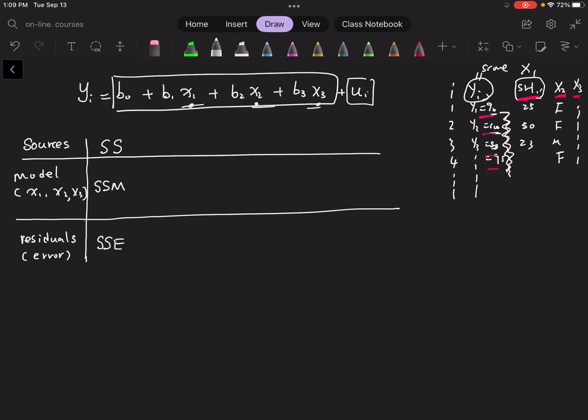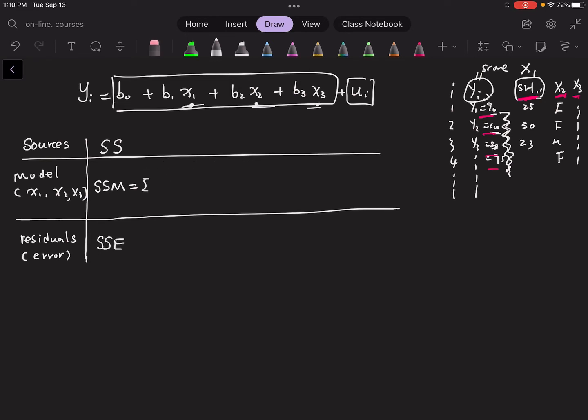So sum of squares model is the variation in y explained by the model. That's the sum of squared differences between the predicted value of y using the model and the average of y, the overall mean. Right? So I better write it here.